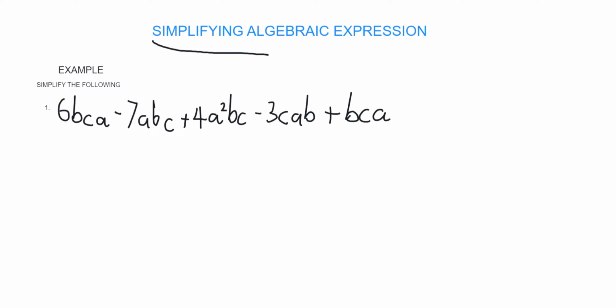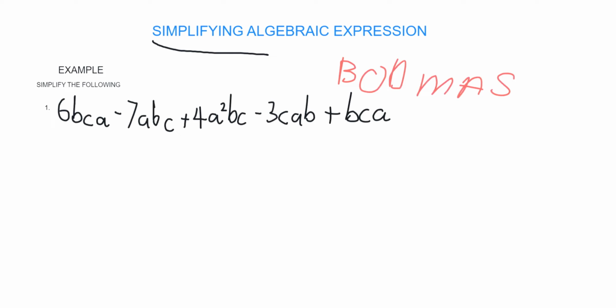So let's start. Before we continue any further, one thing that you need to know about algebraic expressions is that we always need to take cognizance of our BODMAS, our law of BODMAS. So what does this mean?